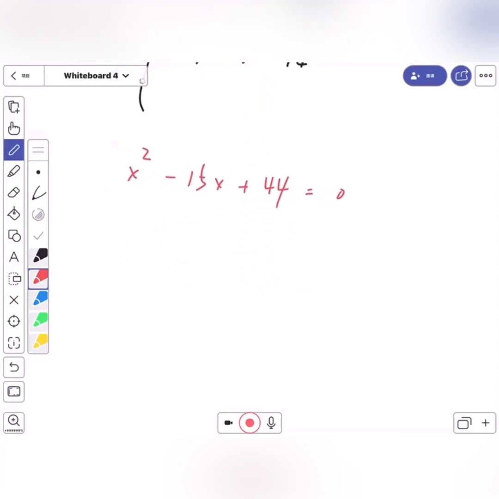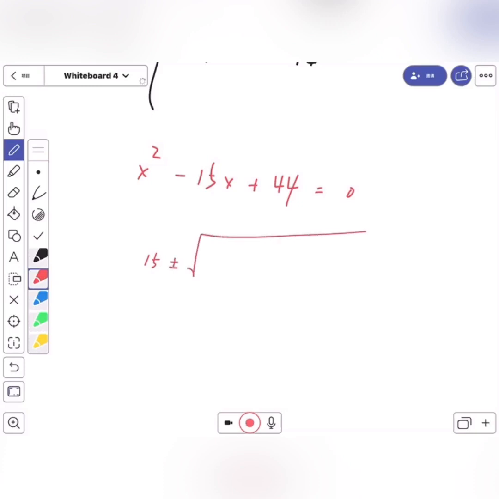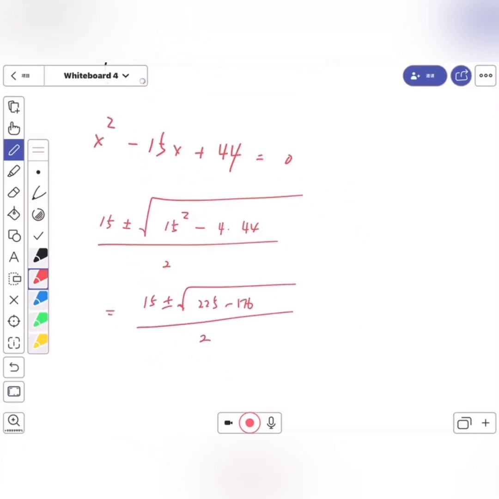Now I can use the quadratic formula, which is negative b plus or minus the square root of b squared minus 4ac over 2a, which is equal to 15 plus or minus the square root of 225 minus 176 over 2.